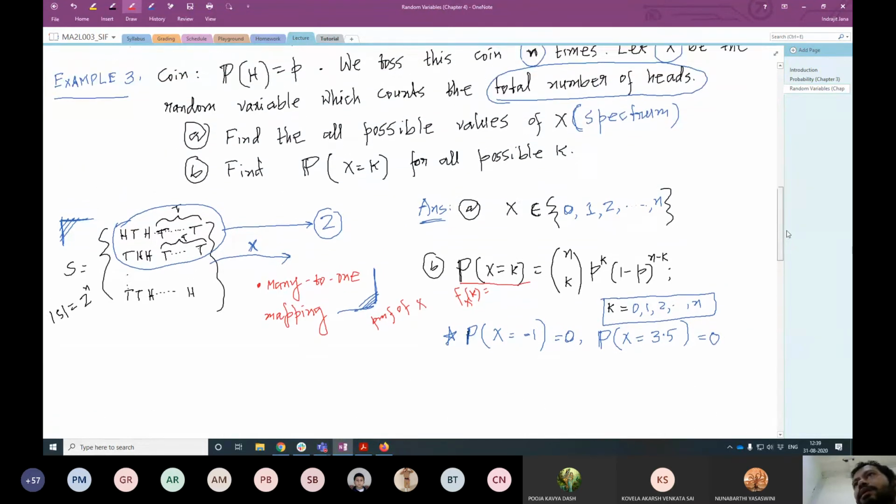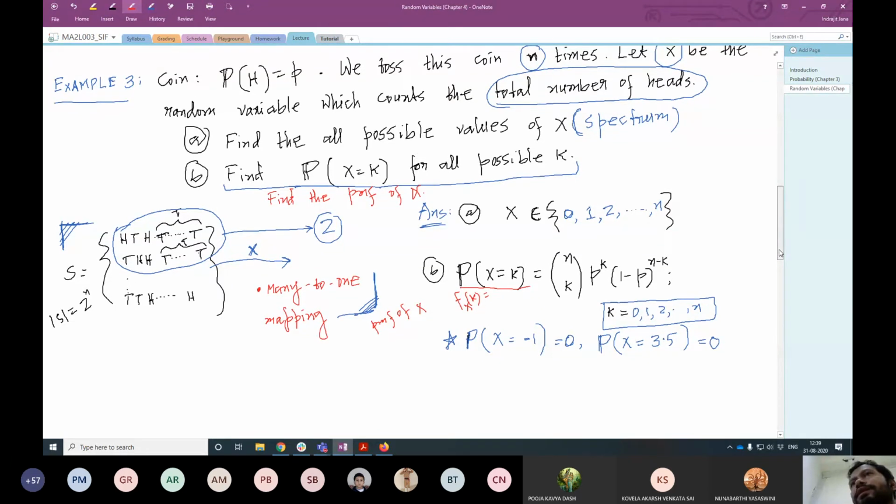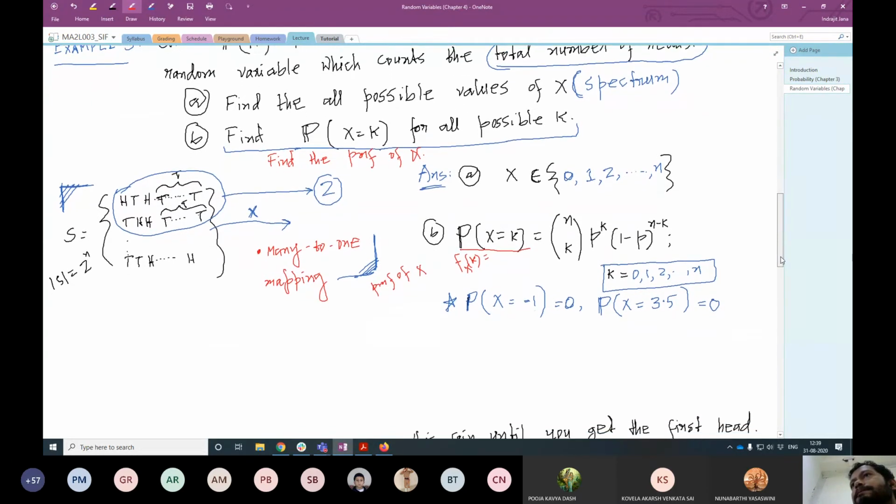In fact, the second part of the question, which says find the probability X equal to k for all possible k, can be equivalently written as find the PMF of X. Those are exactly the same questions. So in homework, if you see a problem which asks you to find the PMF or probability mass function of a random variable, it is exactly asking you to find the probability of X equal to k for all possible k.